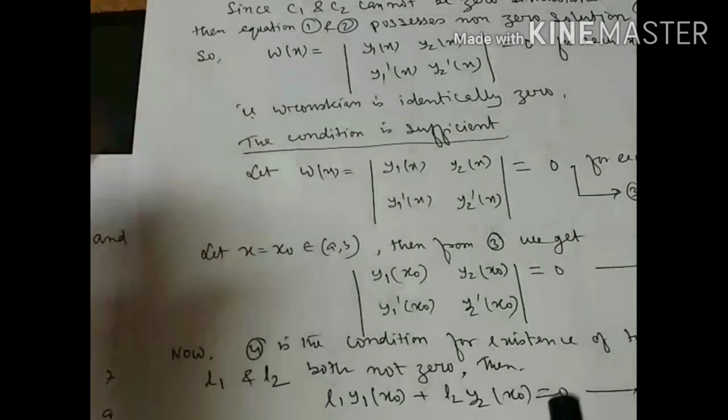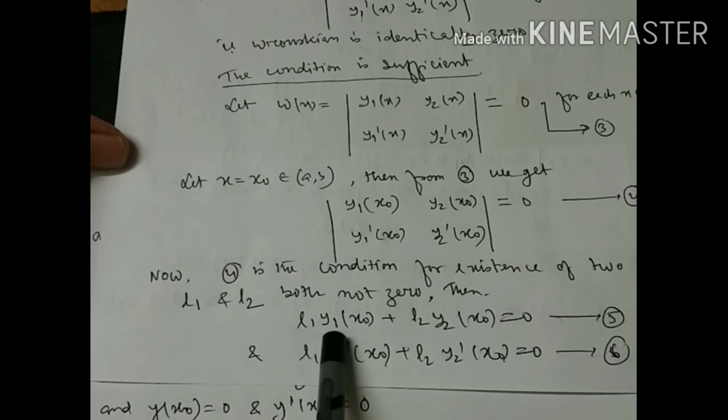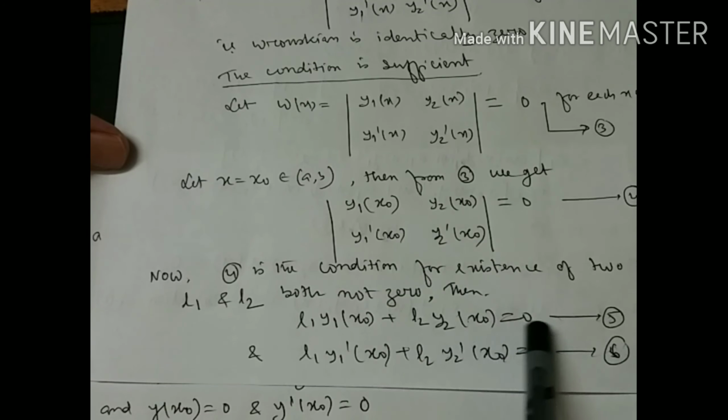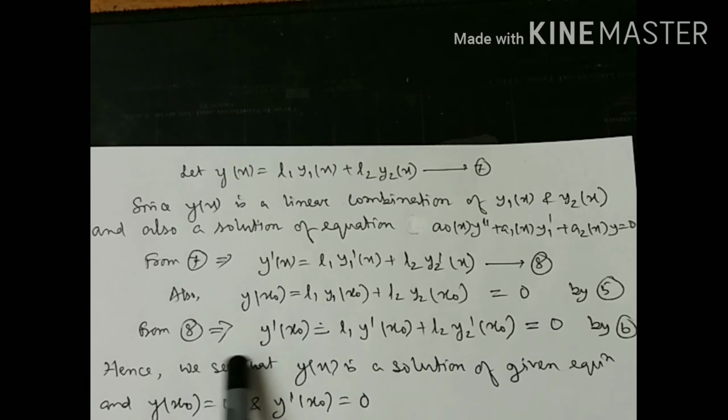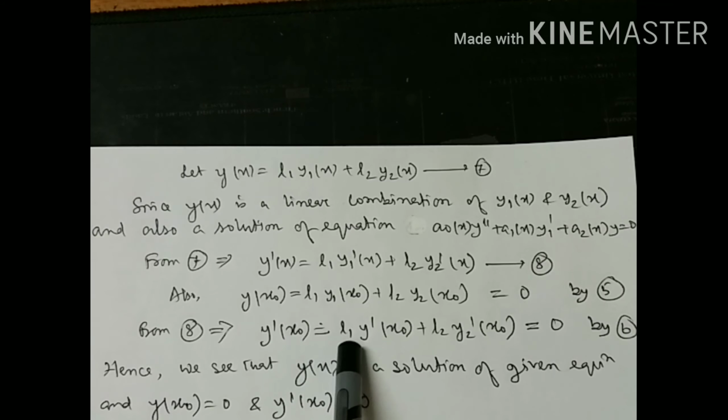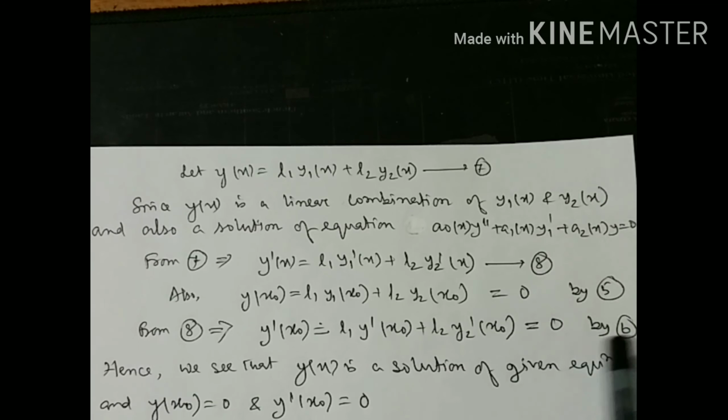Already in 5 we are getting L1 y1(x naught) plus L2 y2(x naught) equal to 0, and in 6 the differentiation is also 0, right? Similarly, the derivative y'(x naught) equals L1 y1'(x naught) plus L2 y2'(x naught), equal to 0 by equation 6.